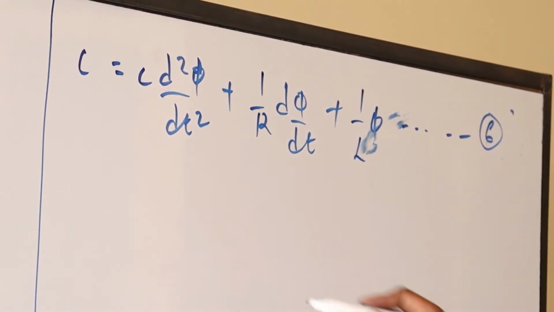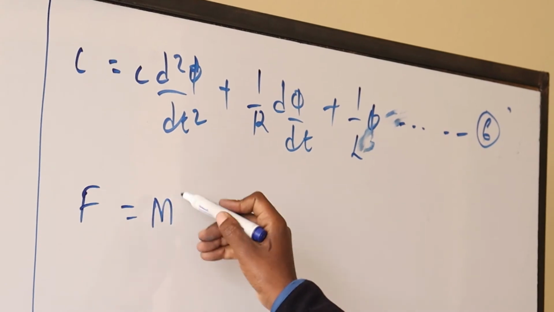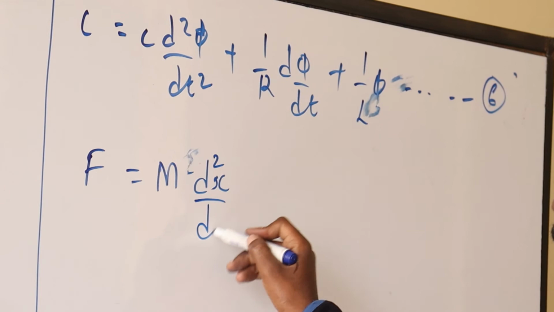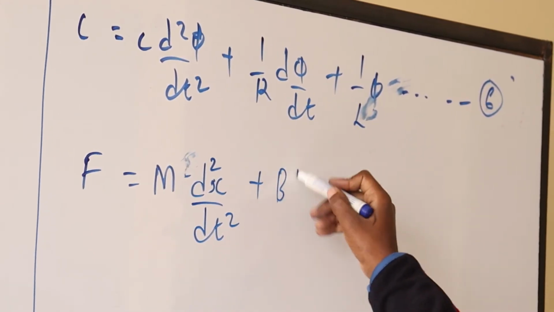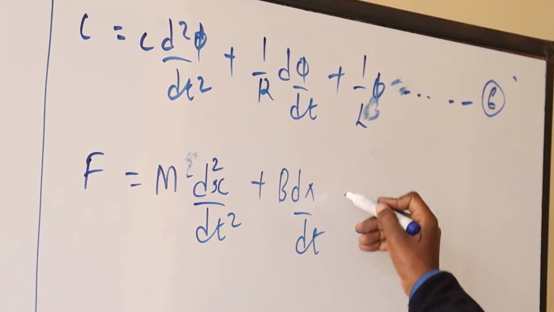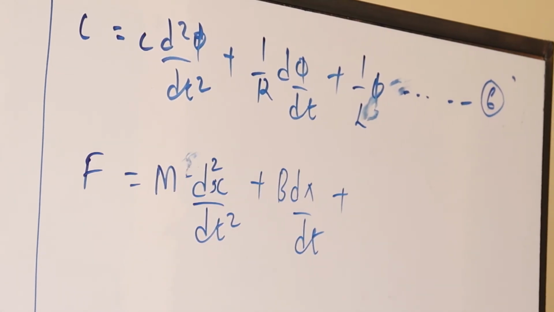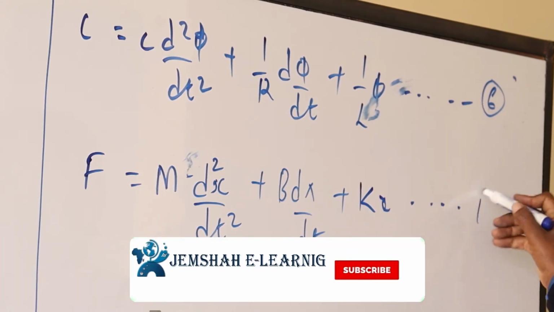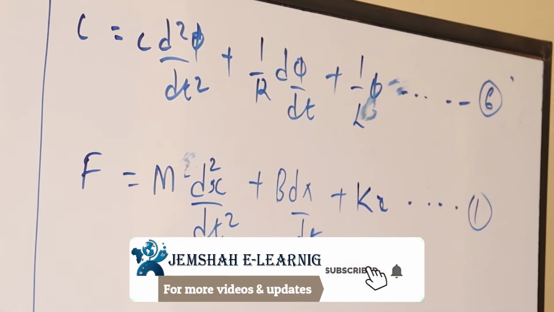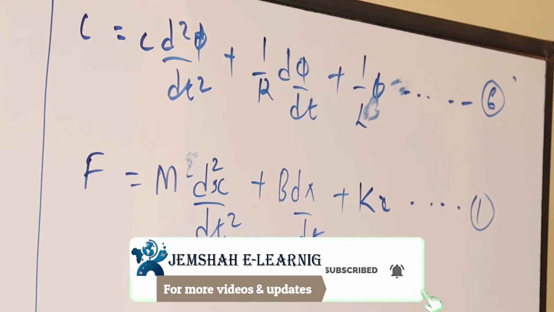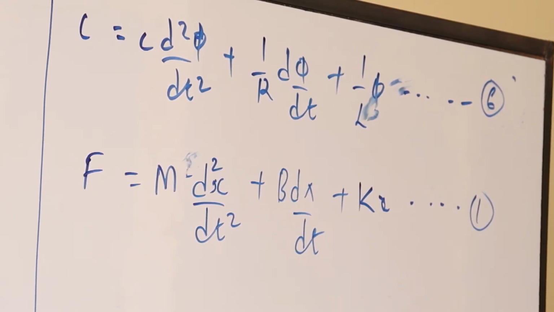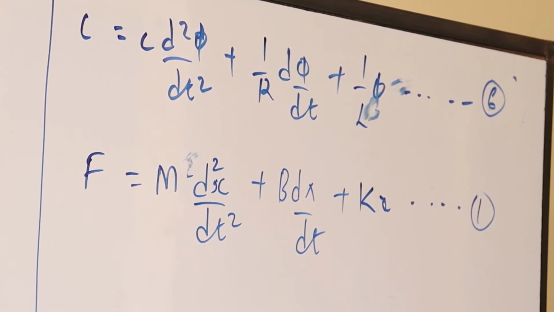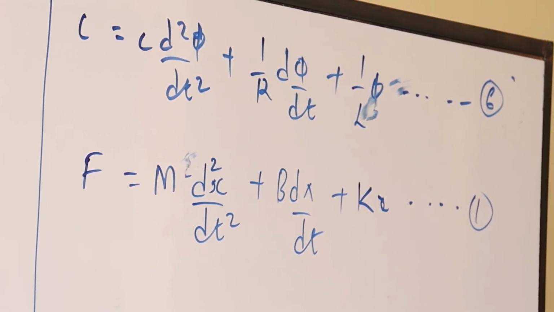So we can remind ourselves that F is equal to M d squared x all over dt squared plus B dx all over dt plus kx. So you remember this is our equation 1. We are going to compare equation 1 and equation 6 in order to see the analogous systems as far as this is concerned.